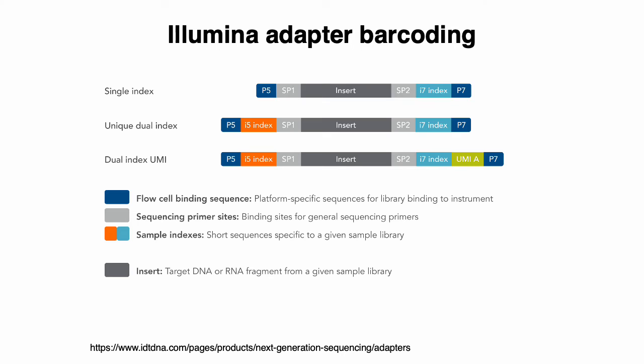As you'll see in the next few slides, the P5 and P7 sequences are generally just there to allow you to bind your fragments to the flow cell or to the sequencing instrument in order to do the actual sequencing. On top of that, you have what are called the sample indices. In the single index case, you have what's called the I7 index.